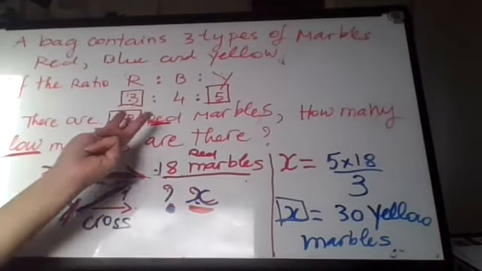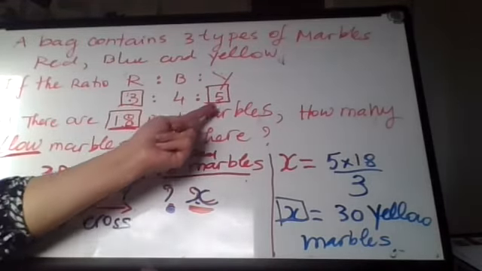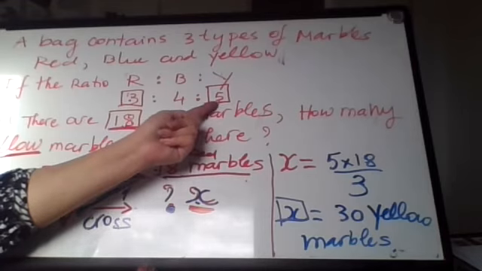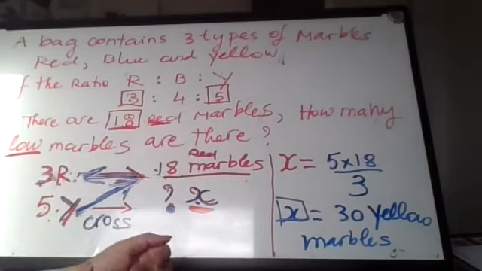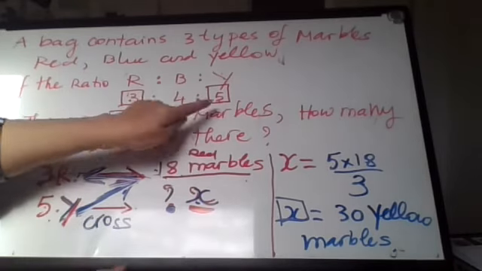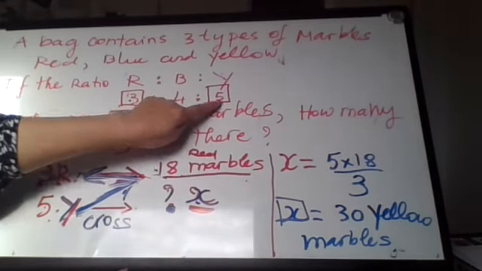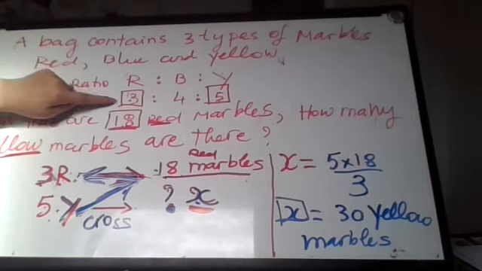It means, look at the ratio here, we can see that the number of yellow is the highest one, the biggest number, because it is represented by number 5. The red marble is the lowest.